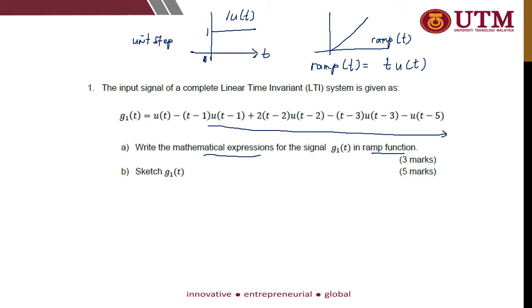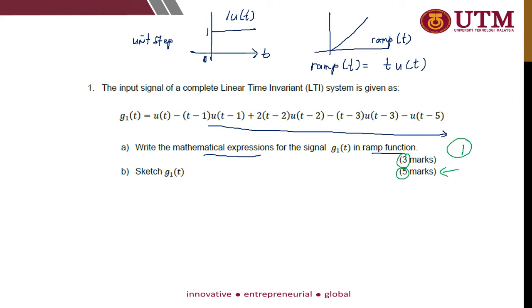To solve a problem, you need to look at the total marks given. 3 marks means that you need to have the steps. If only 1 mark, you can simply write your final answer. But if you have more than 1 mark, you need to show clearly the steps in order to solve the problem. Especially in the second one, 5 marks.